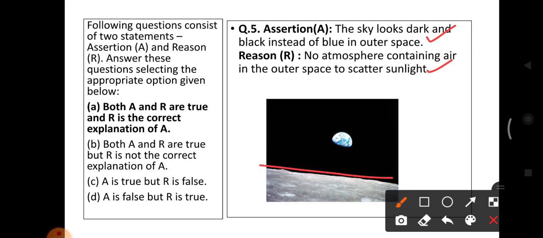In outer space, there is no atmosphere. If there is no atmosphere, there are no particles. If there are no particles, there is no scattering of light. If there is no scattering of light, the sky appears dark only. So both A and R are true. R is the correct explanation of A.